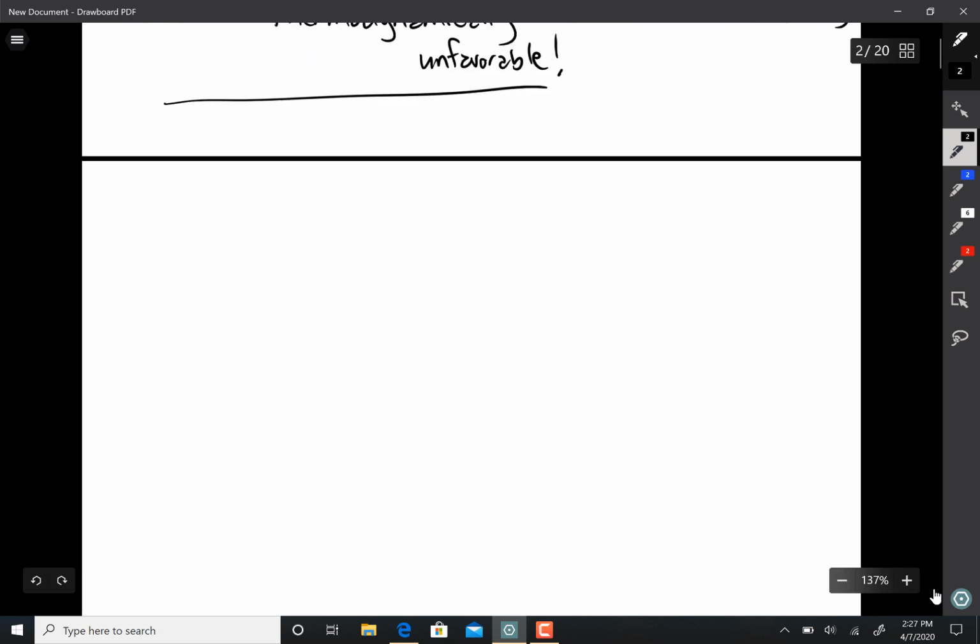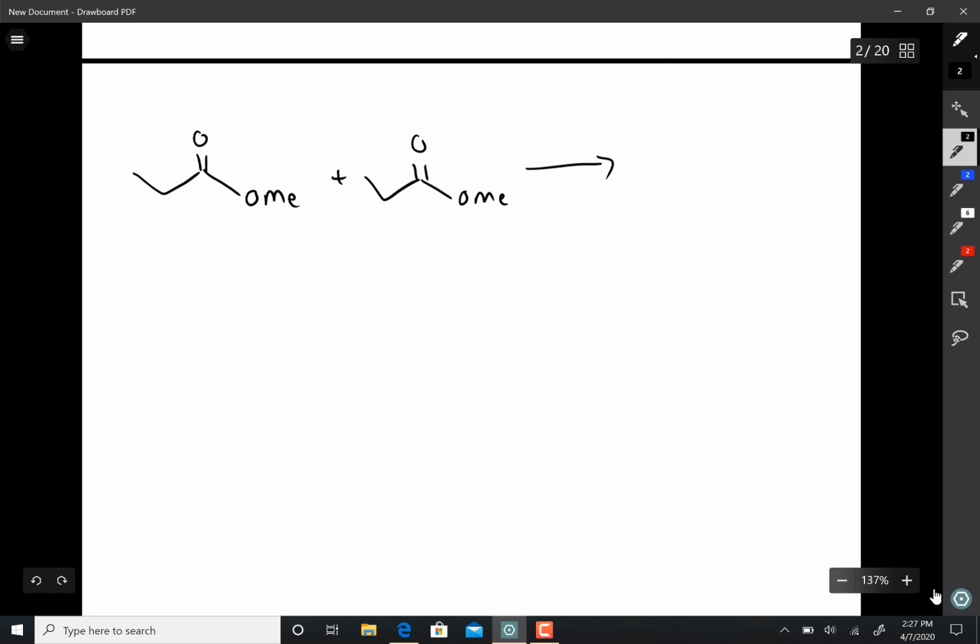What do I mean by that? Well, say you have a Claisen self-condensation, meaning between two identical esters. The Claisen product of such a reaction would be this. So you start out with two esters and you end with a molecule with one ketone plus one ester.